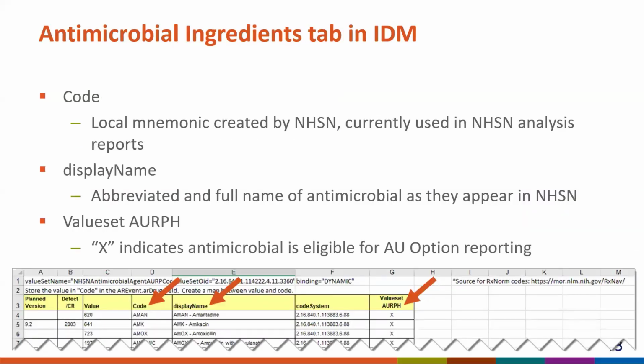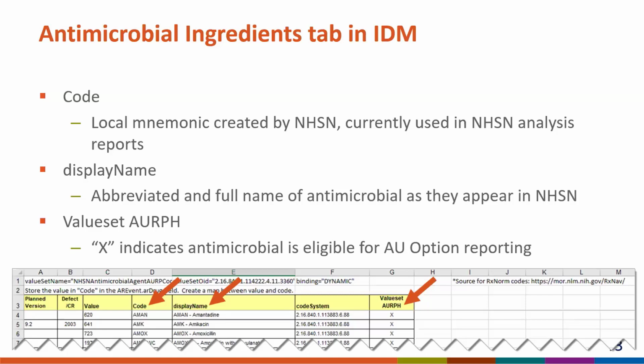So let's go over the Antimicrobial Ingredients tab in the IDM. The code column is a local mnemonic created by NHSN, which is currently used in NHSN analysis reports. The display name is the abbreviated and full name of the antimicrobial as they appear in NHSN. The value set AURPH column indicates whether or not the antimicrobial is eligible for AU option reporting.